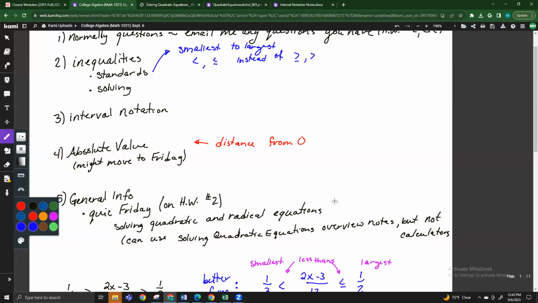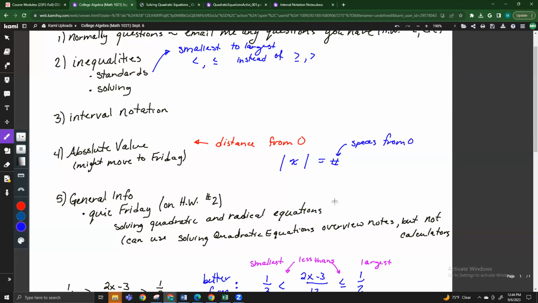So what I really have is, if I have the absolute value of something, and it could have more stuff like that, I'm going to say it equals this, whatever this number is going to be, spaces from 0.